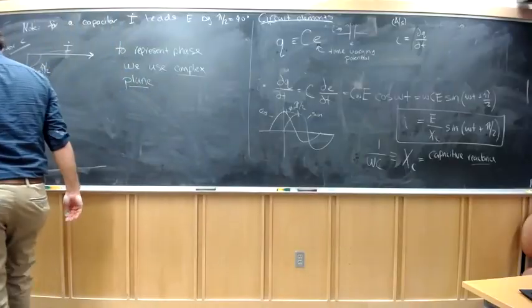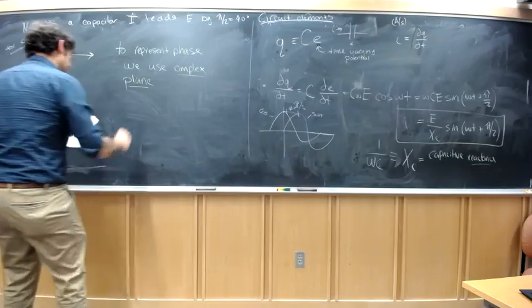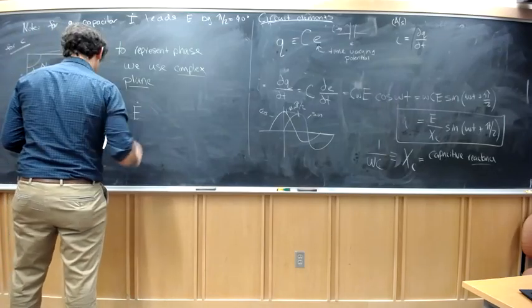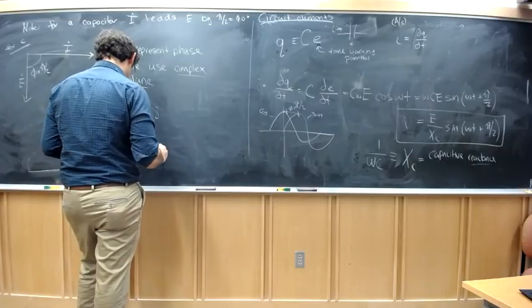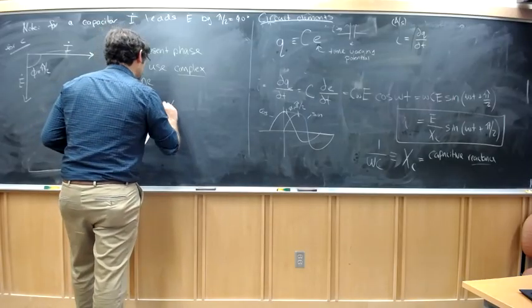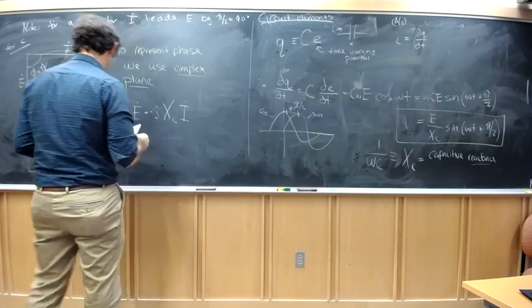And what we can do is say that E equals negative j, which is going to be a complex number, XC I, for a capacitor.